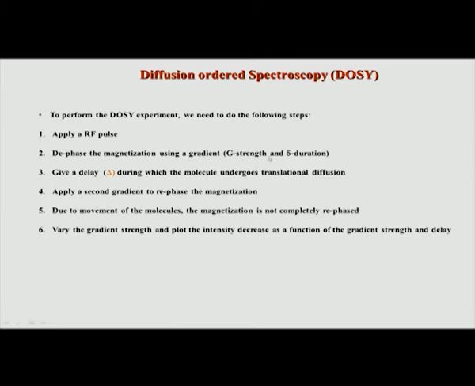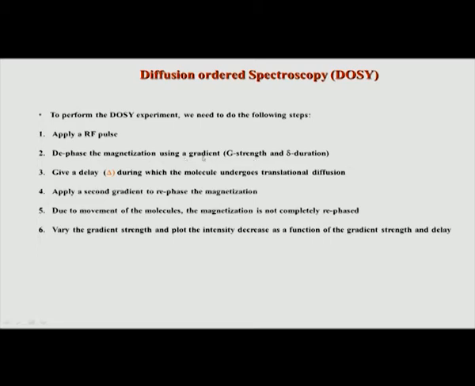One is the strength of the gradient, how strong it is, and the second is the duration, how long the gradient was applied. The product of these 2 gives you the total gradient strength. For example, I can reduce the gradient strength and increase delta, or increase gradient G and reduce delta. The product G into delta is what matters.